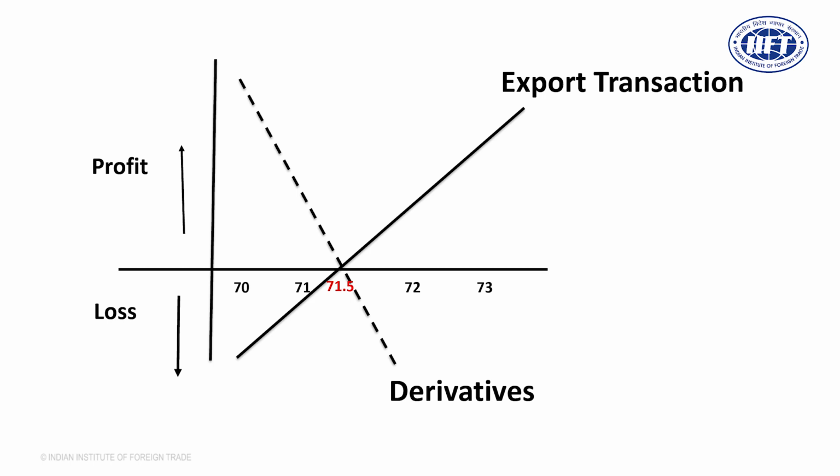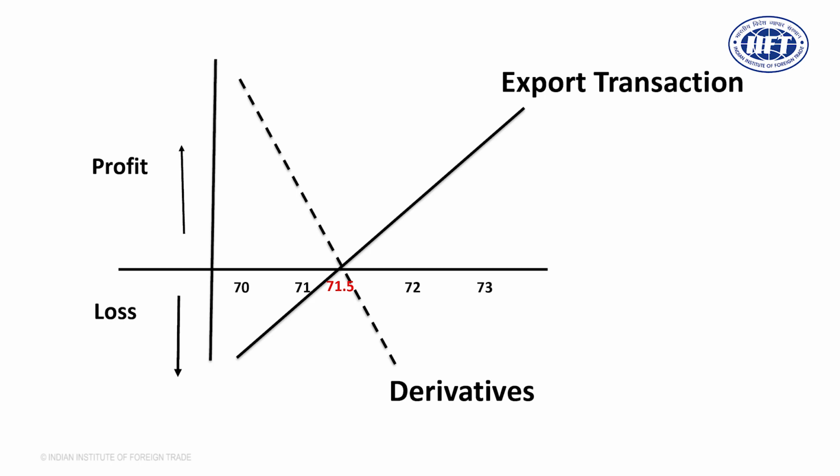So friends, if you don't do hedging, your export realization in rupees depends upon the dollar rupee rate. If it moves in your favor, more money. If it moves against you, you lose money.